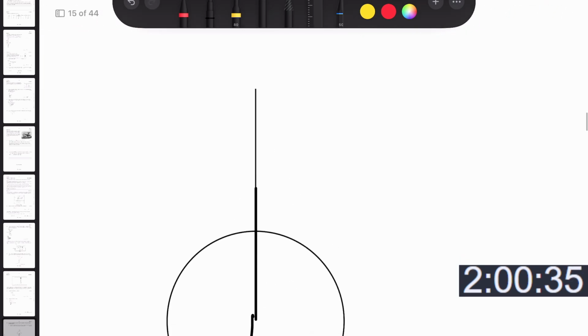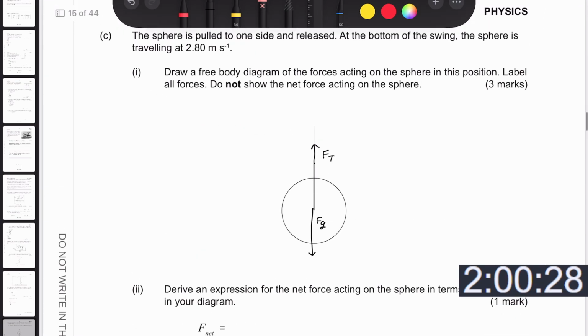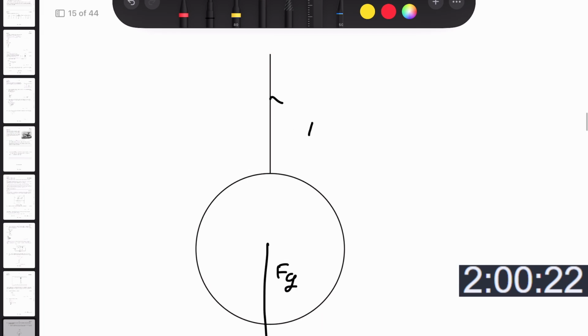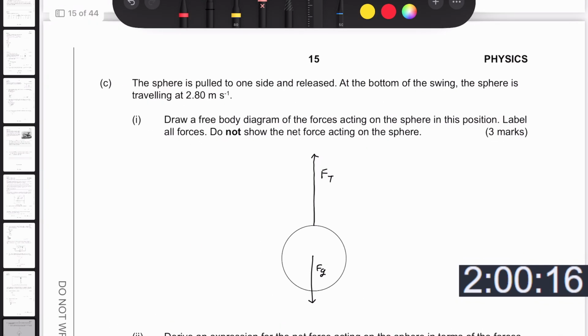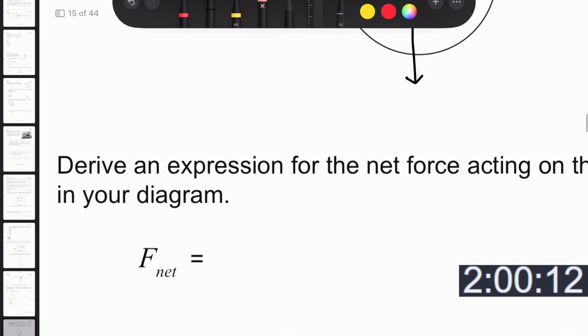So, yeah, I'll draw a bit more noticeable F of T. Maybe from here I'll draw it like this. There you go.